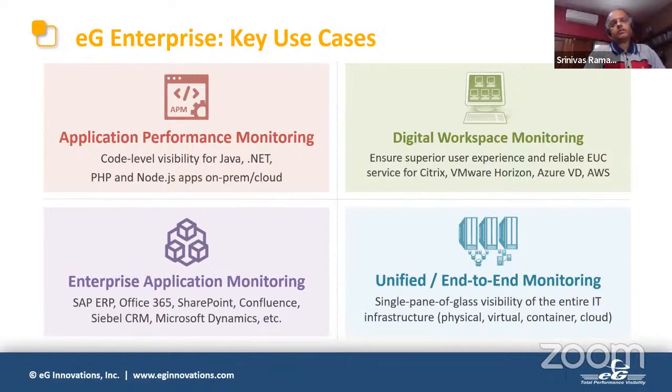Over 80% of applications being deployed in the enterprise are web apps, running either Java or .NET or PHP or Node.js. Our solution can give you code level visibility to be able to tell you which line of code in your application is slowing down. I'll show you this with a quick example today.